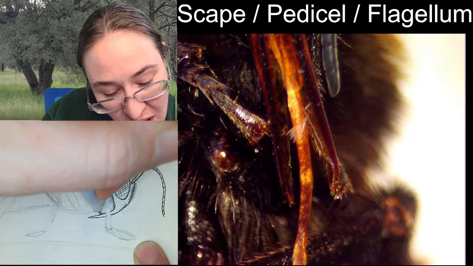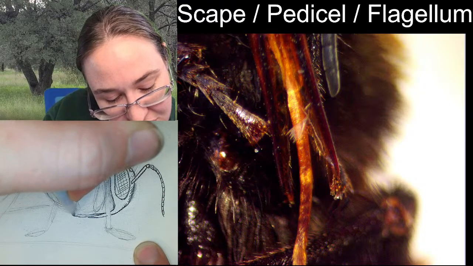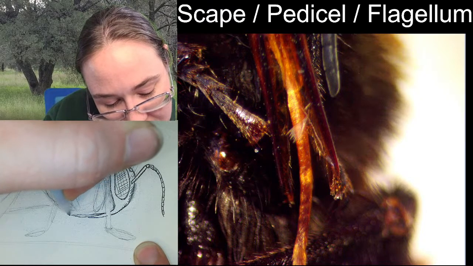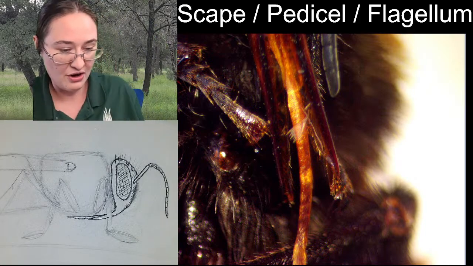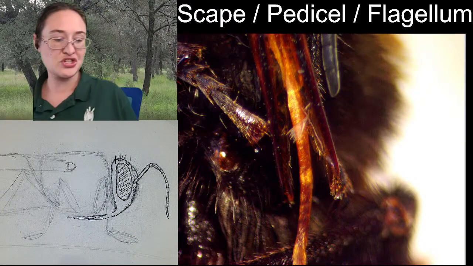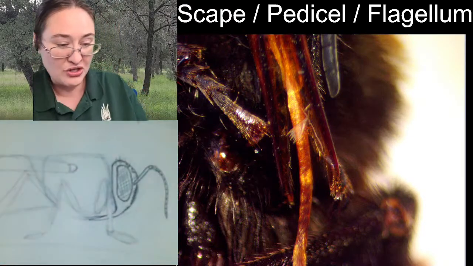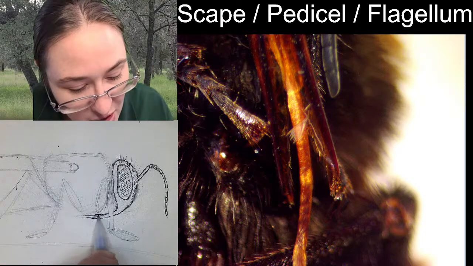And then the tongue is going to connect kind of right above that. And it's just going to go down into a nice longer tongue area. And it reaches to about the base of the hind legs. So mine could even be a little bit longer.